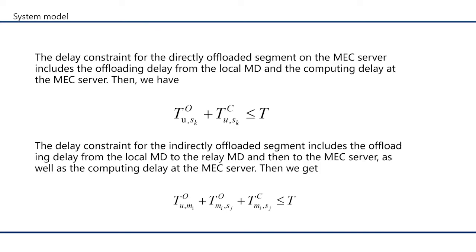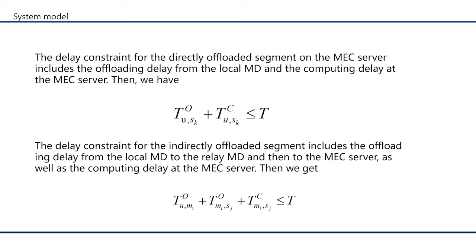The delay constraint for the directly offloaded segment on the MEC server includes the offloading delay from the local mobile device and the computing delay at the MEC server. Then we have this formula.